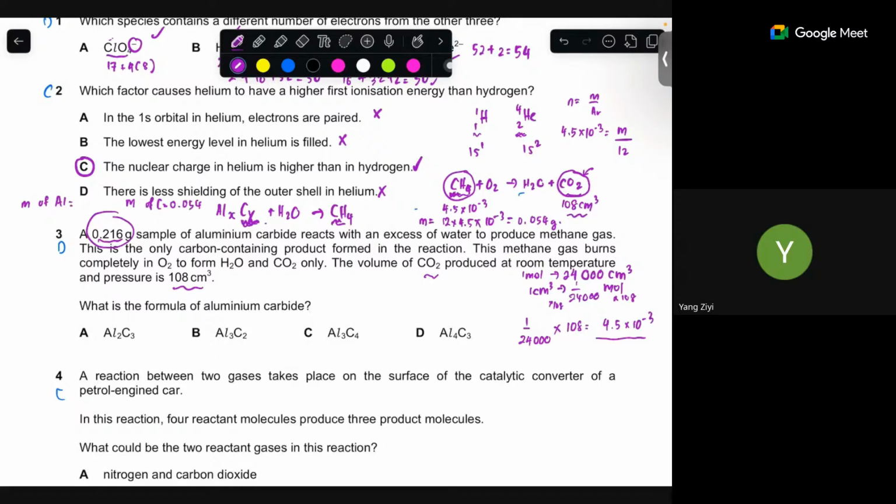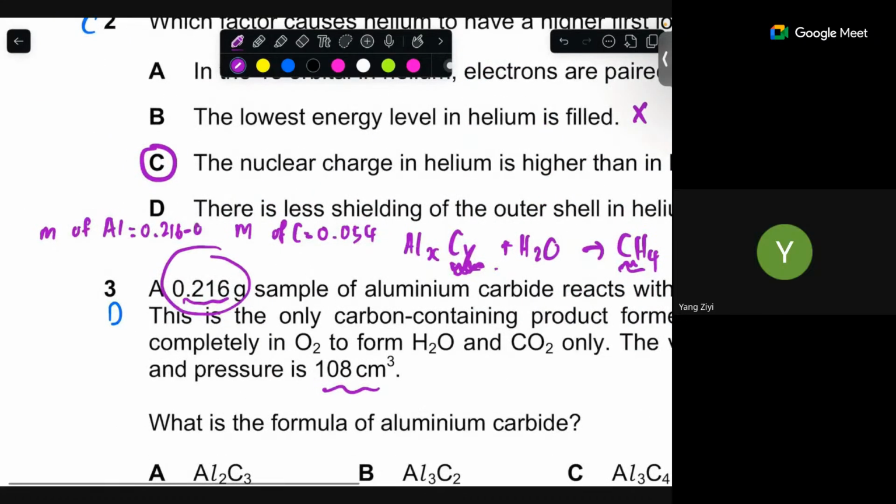What is the mass of aluminium? It's supposed to be 0.216 minus 0.054. ZE, help me to calculate. 0.162.